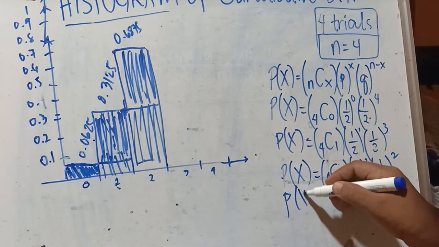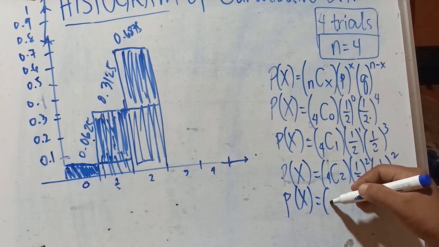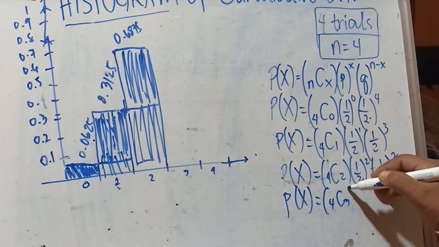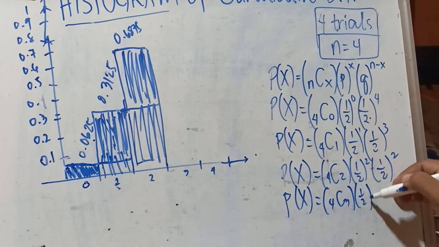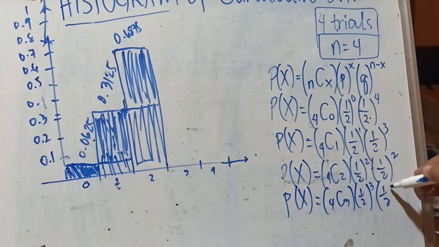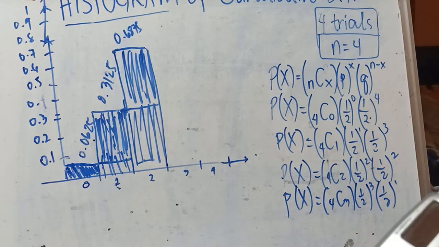P of x, it's 4C3 1/2 to the 3, 1/2 to the 1. Okay, use your calculator. 4C3, that's 1/2 raised to the power of 3, then that's 1/2 raised to the power of 1.